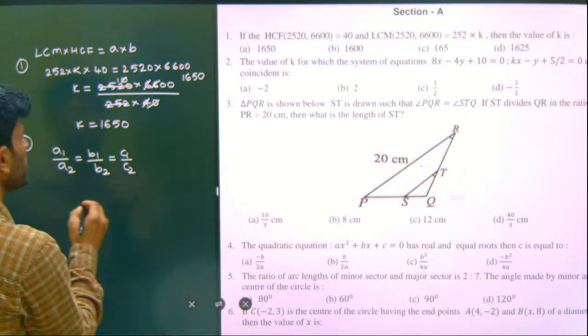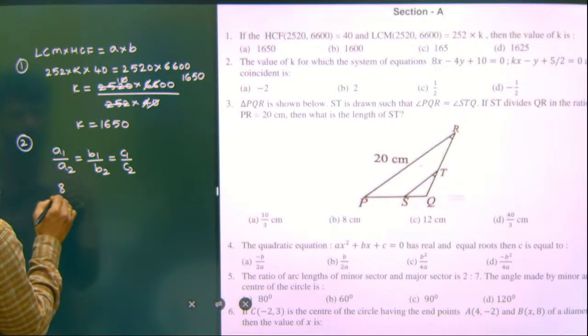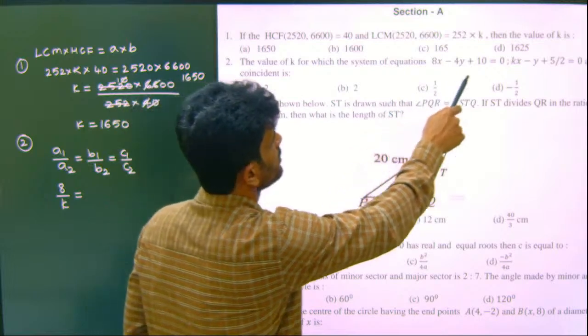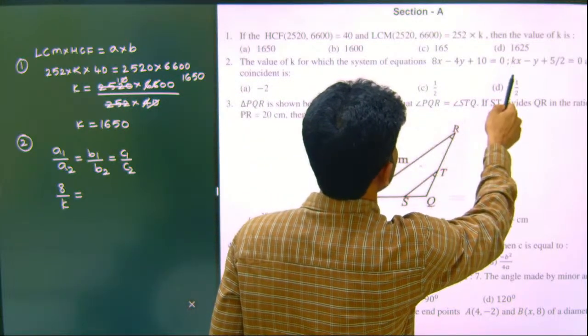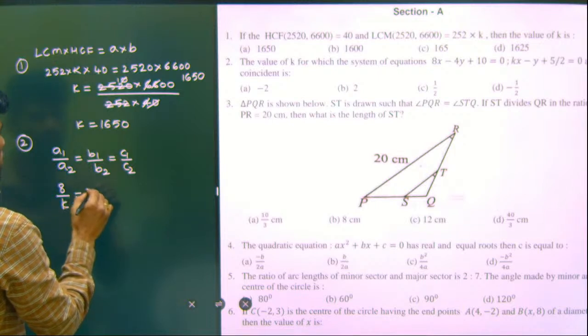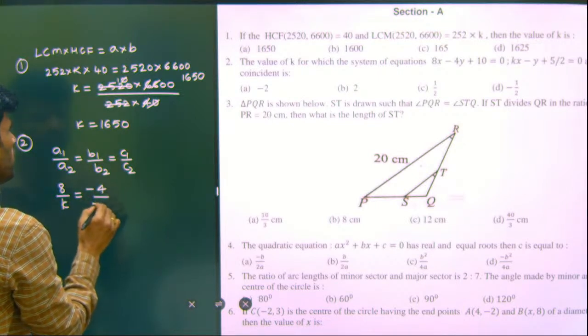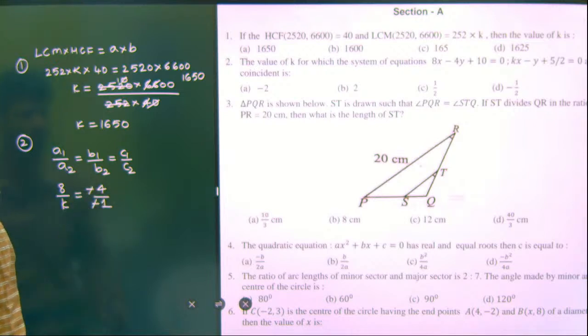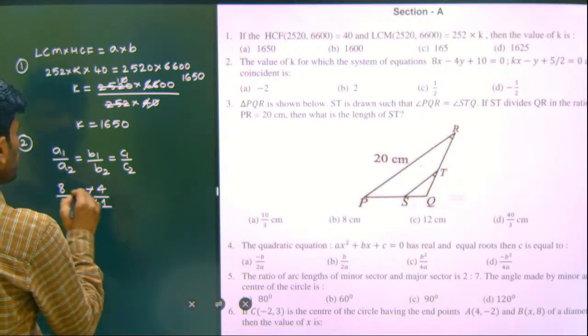So 8 by K is equal to, because A1 is 8, A2 is K, 8 by K is equal to minus 4 by minus 1. Minus minus cancel, cross multiplication.